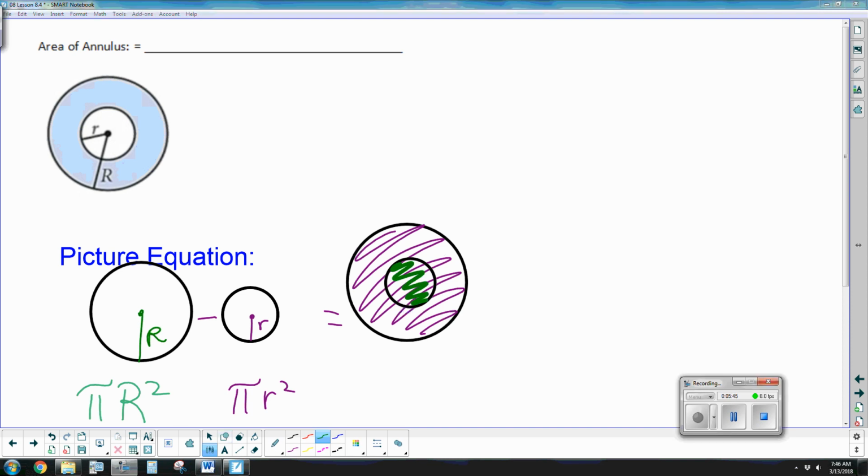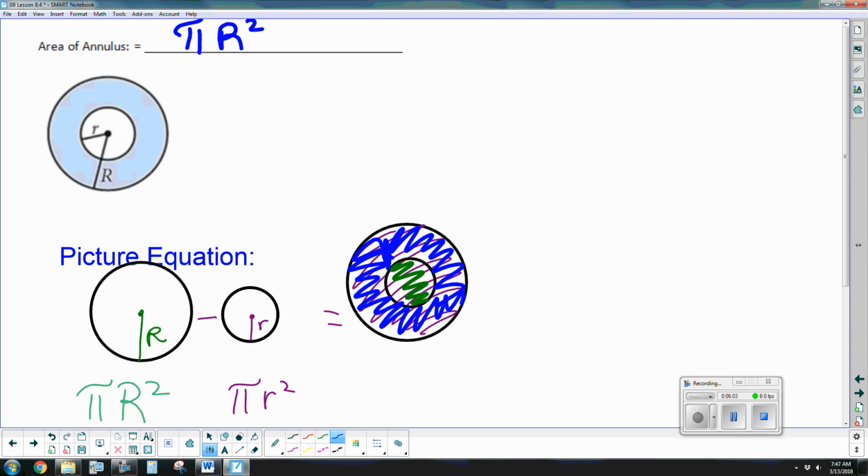So that will leave us with just this area outside of the smaller circle. So our formula here is pi capital R squared minus pi lowercase r squared.